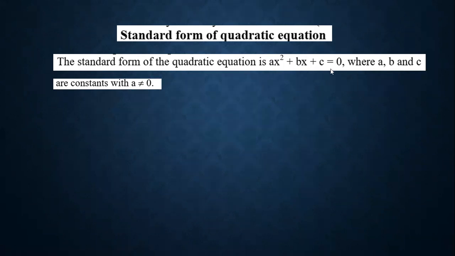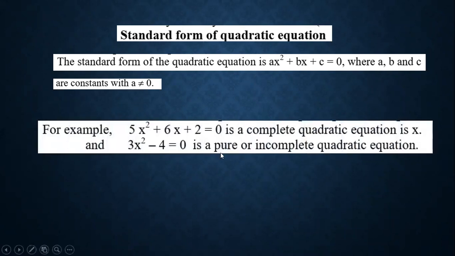So that is the standard form of the quadratic equation. These are the specific examples for the quadratic equation. This is a quadratic equation because by comparing, for a we have 5, for b there is 6, and c is equal to 2.